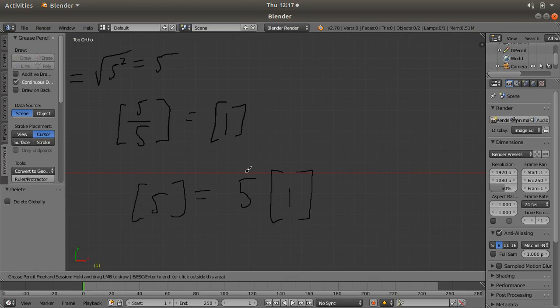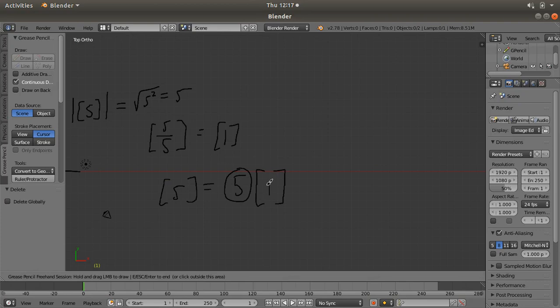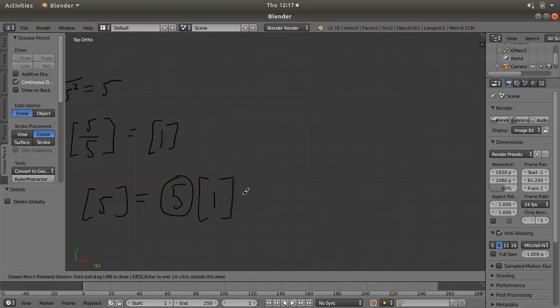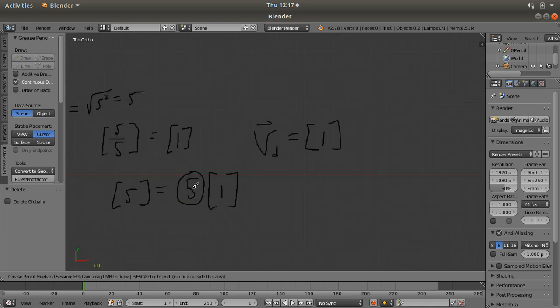And in linear algebra, this is called a scalar because it scales the length of a vector. And this vector, you could call it direction v, and you draw a hat symbol to differentiate it from normal variables. That's equal to 1, and you could call this any variable you wanted.